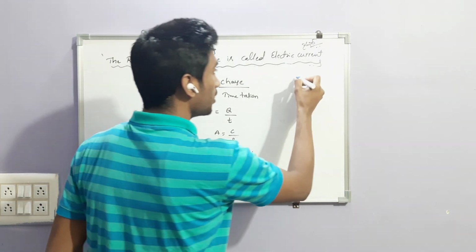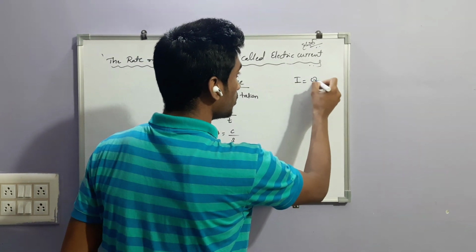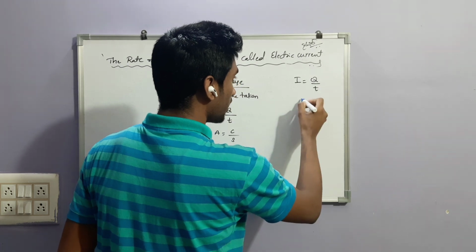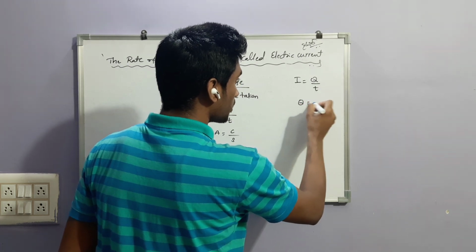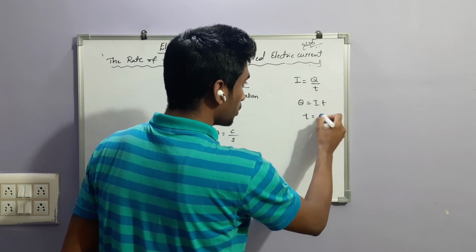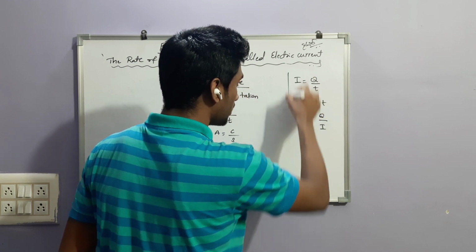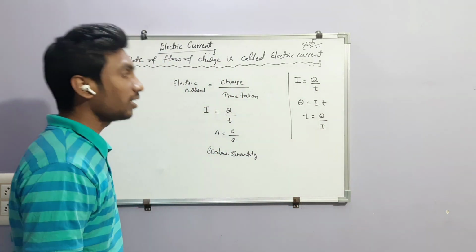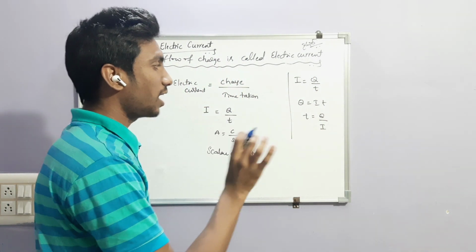The first formula is I is equal to q divided by t, the second is q is equal to I into t, and the third is t is equal to q divided by I. These are the three different formulas to find the current, charge and time.